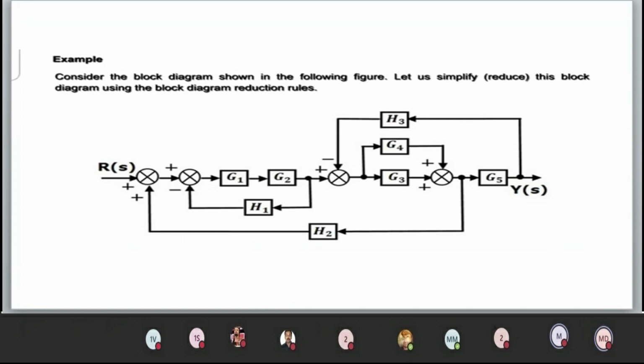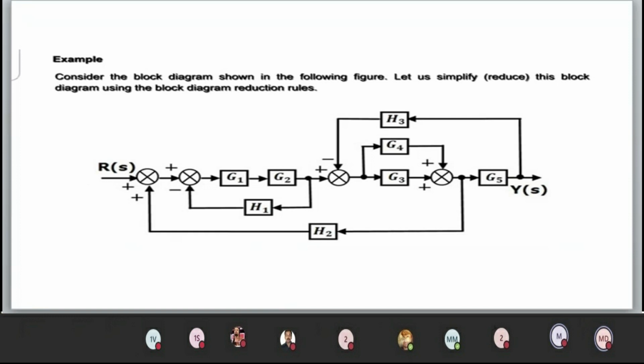Right? Okay. Any student who starts working always look for simple conversion first. Don't immediately jump to moving the takeoff points or moving the summing points. Okay, that creates more confusion.